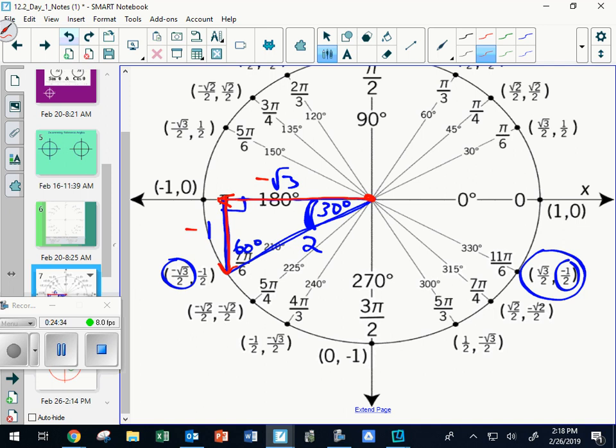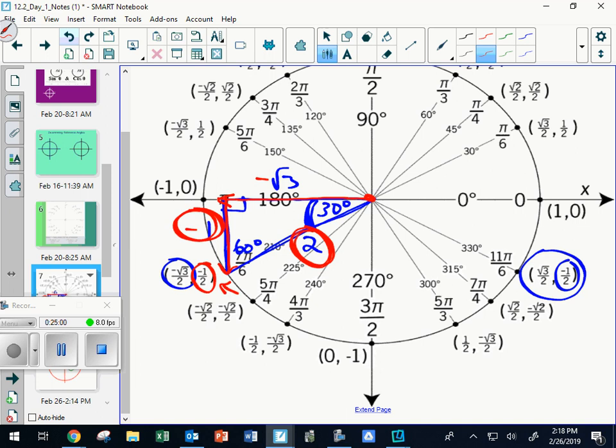I know this is the last hour of the day, and you're tired, but this is super important. I need you with me for a few more minutes here. So if I was going to ask you to find the sine of 210, it would be the Y, because opposite over hypotenuse. See? Negative 1/2.